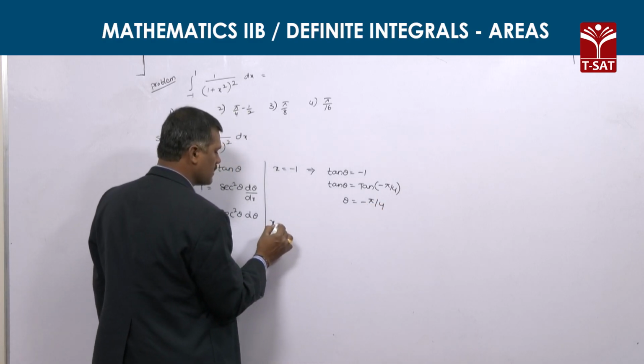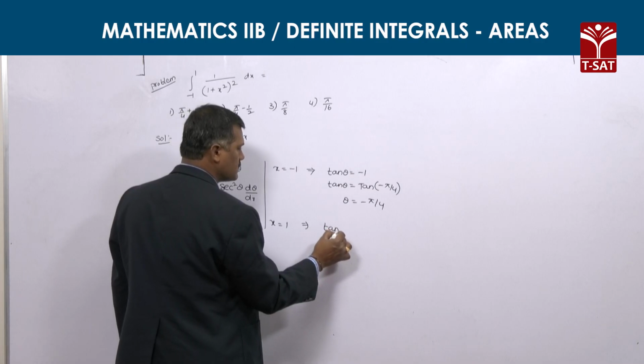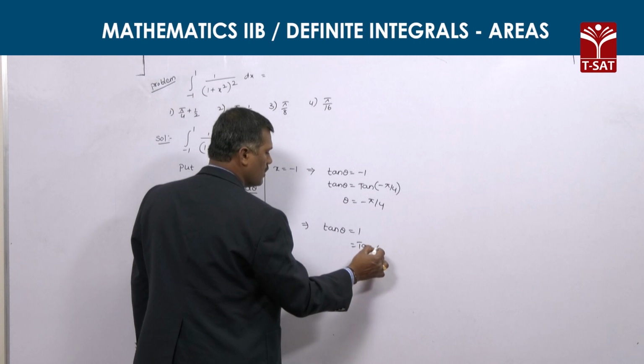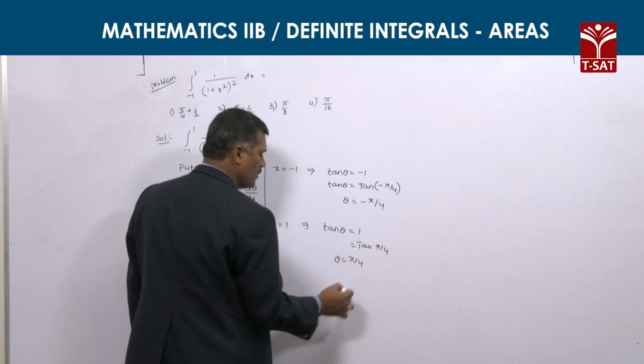Next, x is equal to the upper limit 1, that implies tan theta is equal to plus 1, and 1 can be written as tan pi by 4. Therefore, theta is equal to pi by 4.